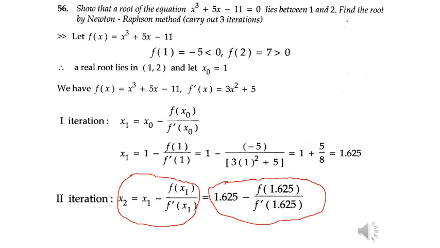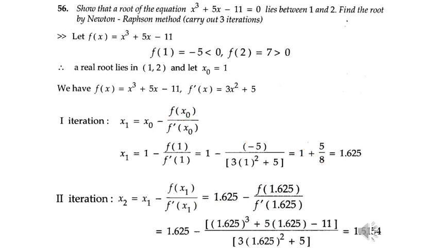Now in the function here, in the place of x you put 1.625, and in f dash also you put 1.625 in the place of x, and simplify. You'll get the answer as 1.5154 for the value of x2.